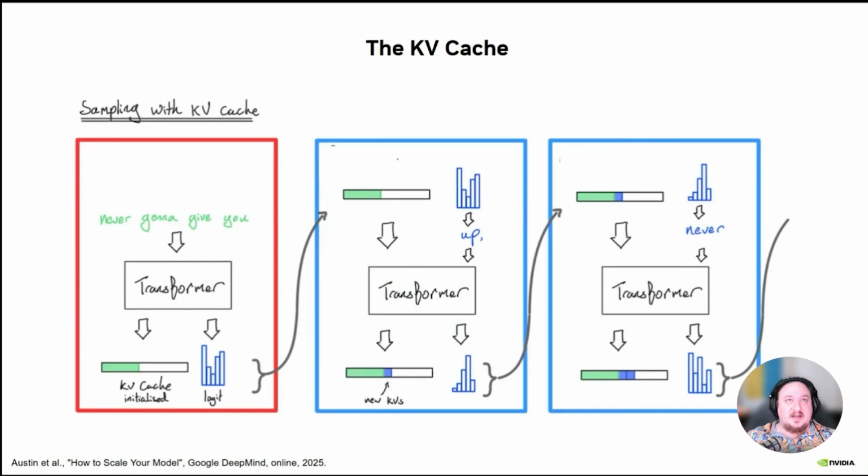The KV cache, K and V from QKV in the transformer architecture, so key and value, is a way that we can save some compute at the cost of memory.